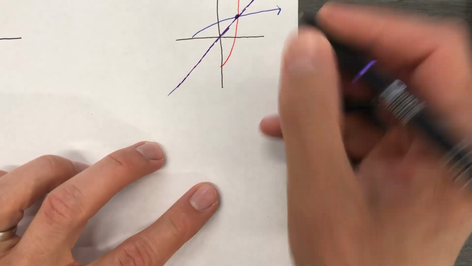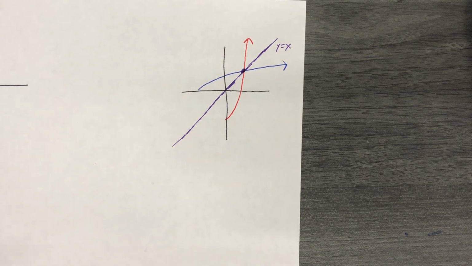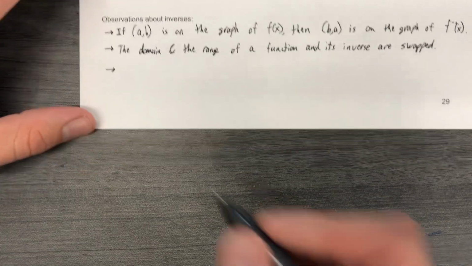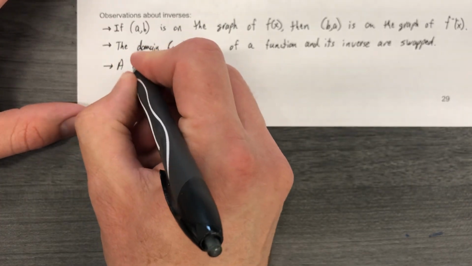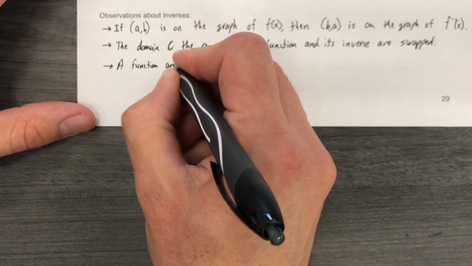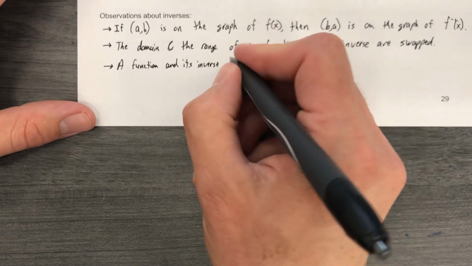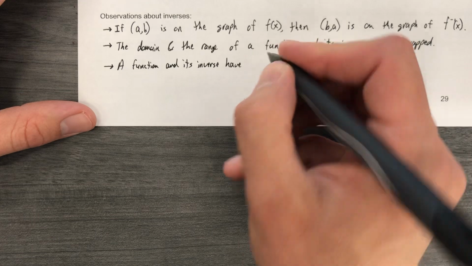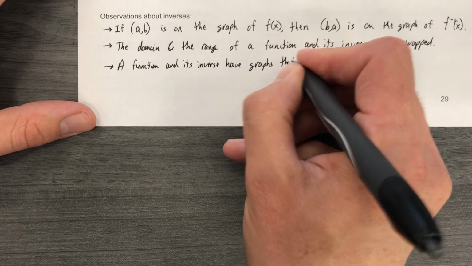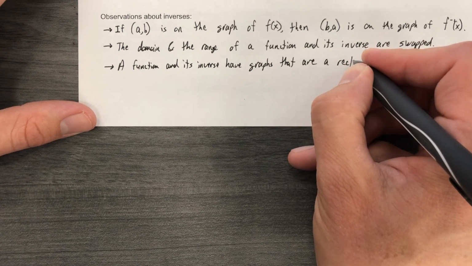Y equals x right here. They're a reflection over the line. Whoops, there it is. Y equals x. So let's write that one down. A function and its inverse have graphs that are a reflection.